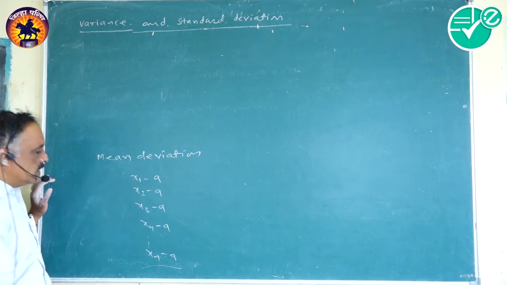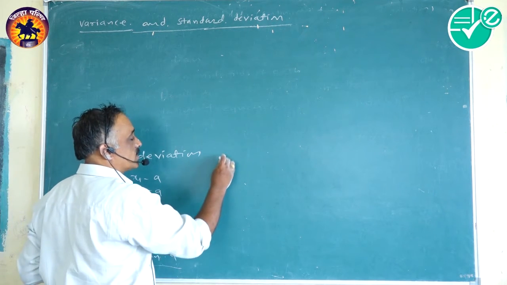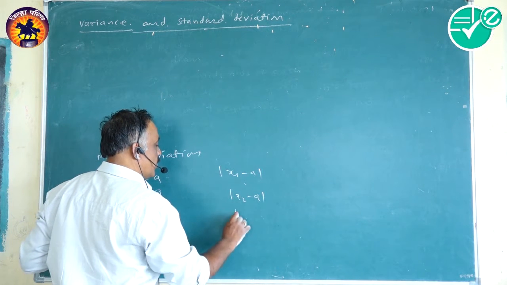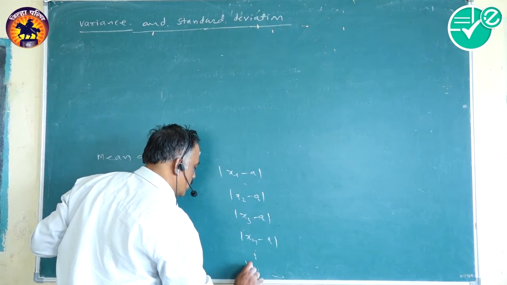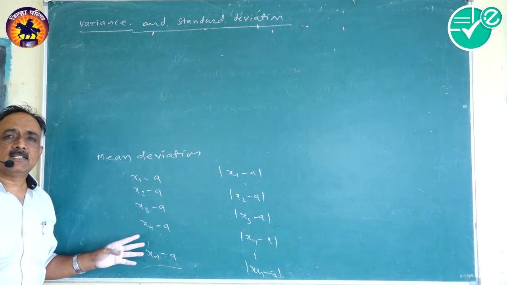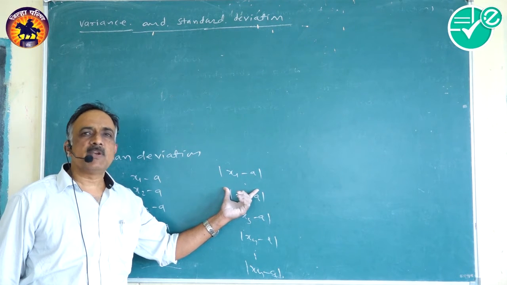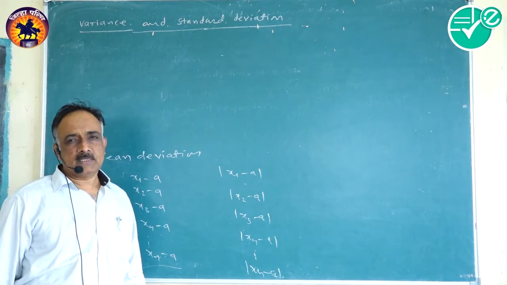Therefore, to remove the negative signs, we took the absolute values: modulus of x1 minus a, modulus of x2 minus a, dot dot dot up to modulus of xn minus a. But taking absolute values is not the only way to remove negative signs. You know that the square of any real number is always a non-negative quantity.